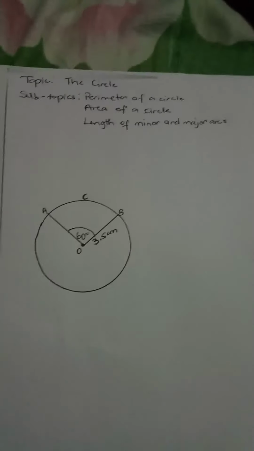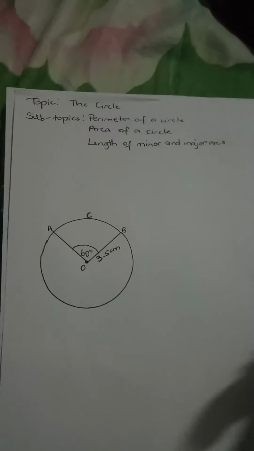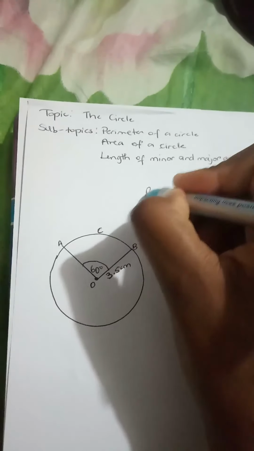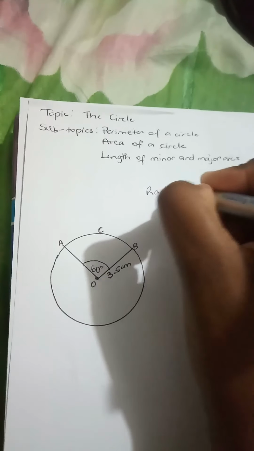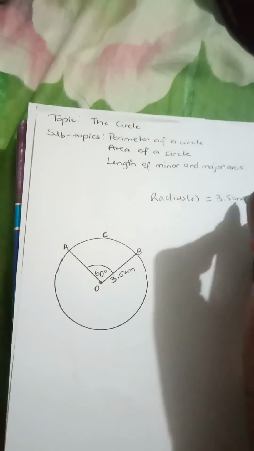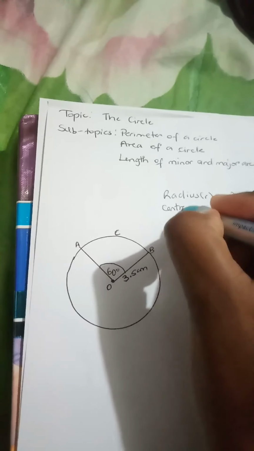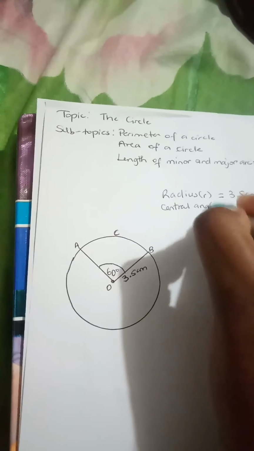Now, we need to know the following. So we're given the radius of the circle. Radius r equals 3.5 centimeters. We're also given the central angle subtended by the arc.